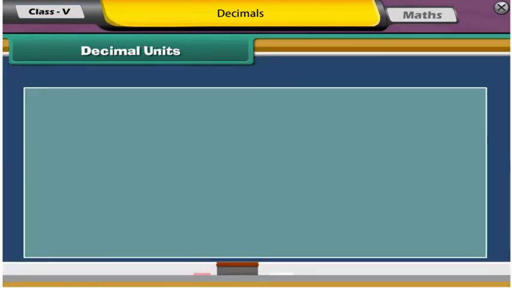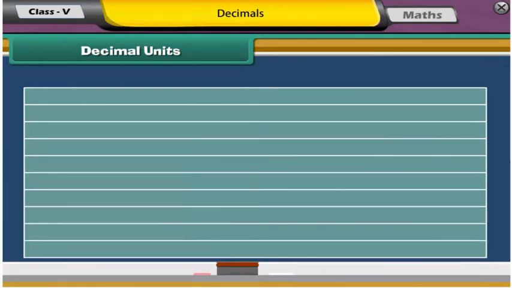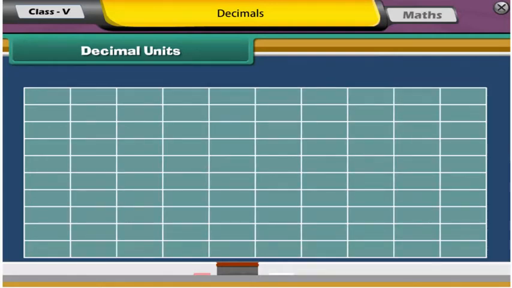Imagine we have a rectangle that represents one whole object. If we divide it into 10 equal-sized rectangles, we will have 10 parts of 1, or we can say tenths. Now, if we divide those rectangles into 10 smaller rectangles, then we have 10 times 10, or 100 parts of 1, that is hundredths.